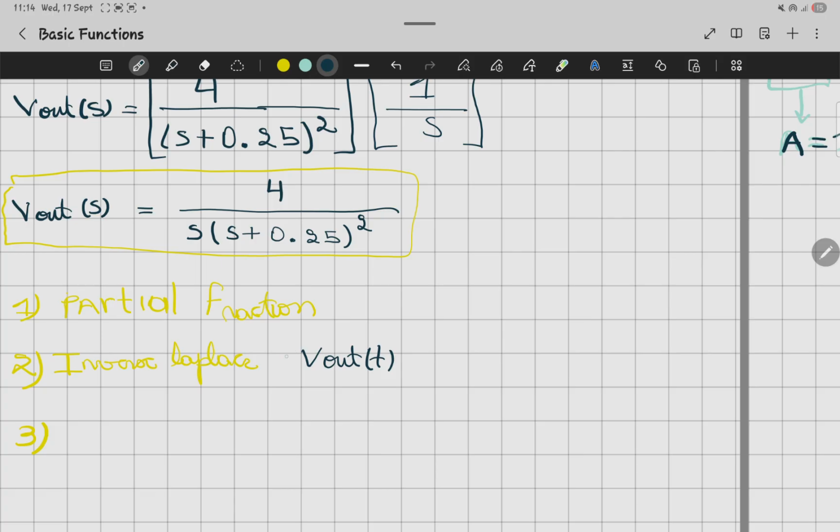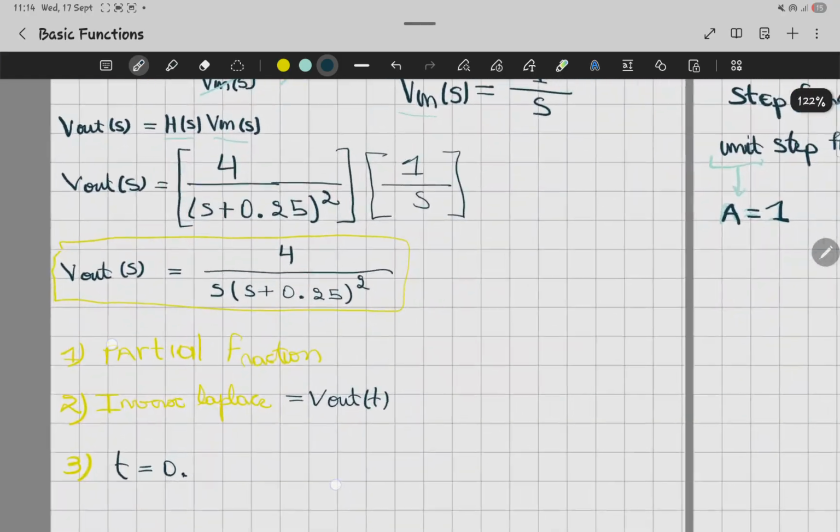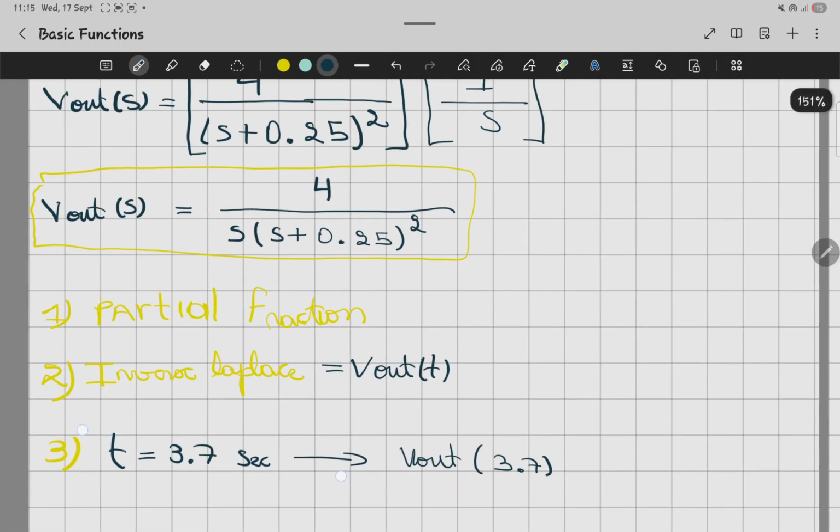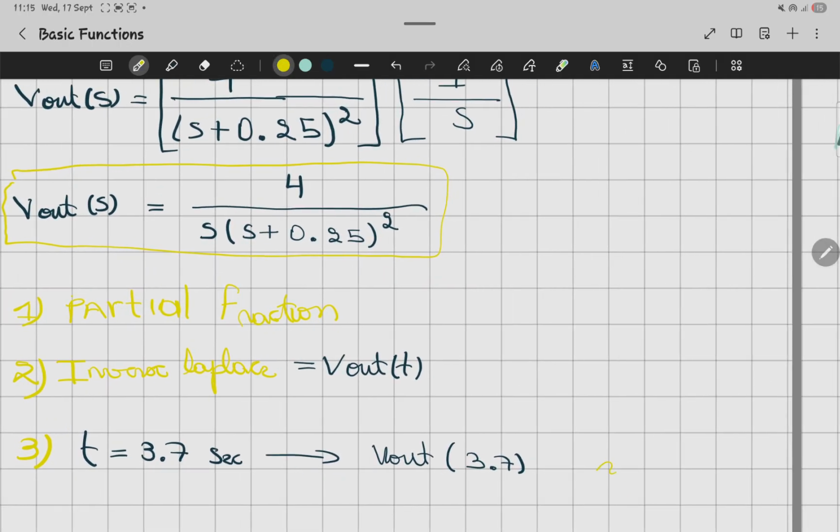After you take the inverse Laplace transform, you will get V out of t, and then you replace t with 3.7 seconds.